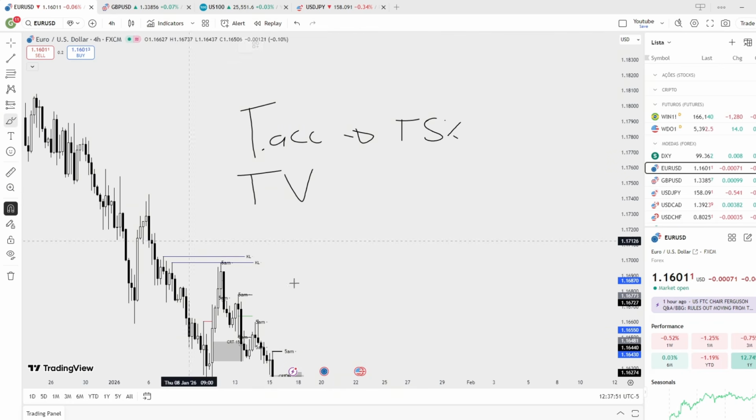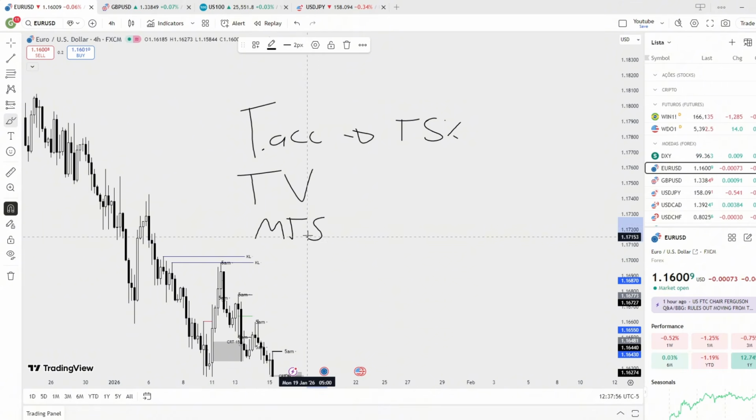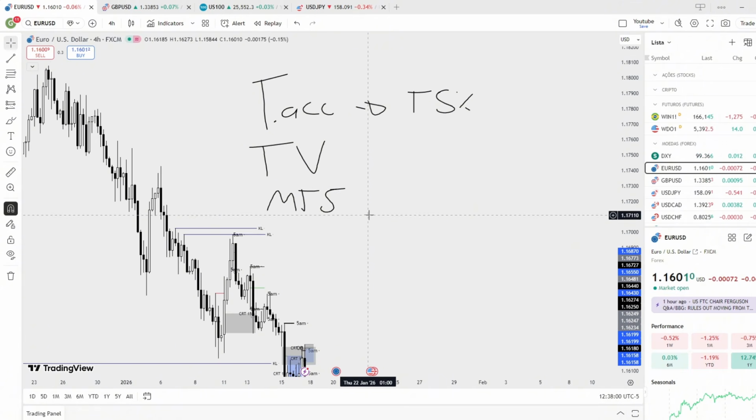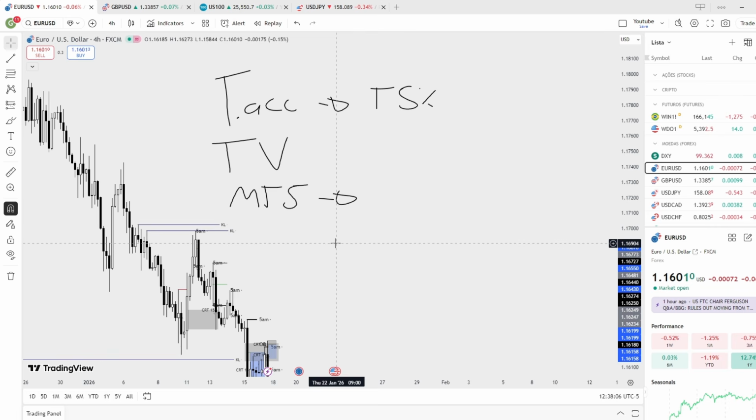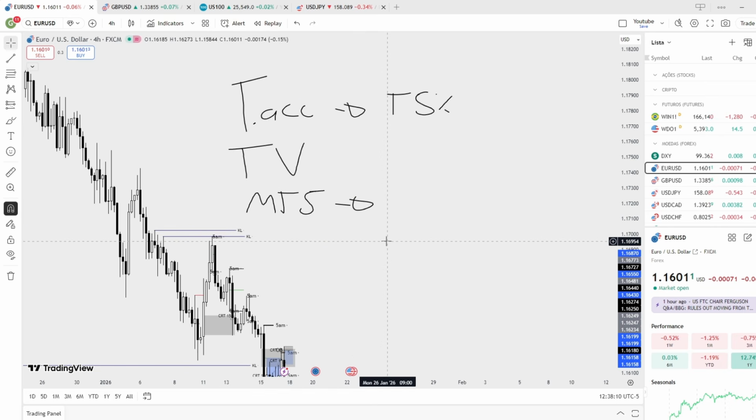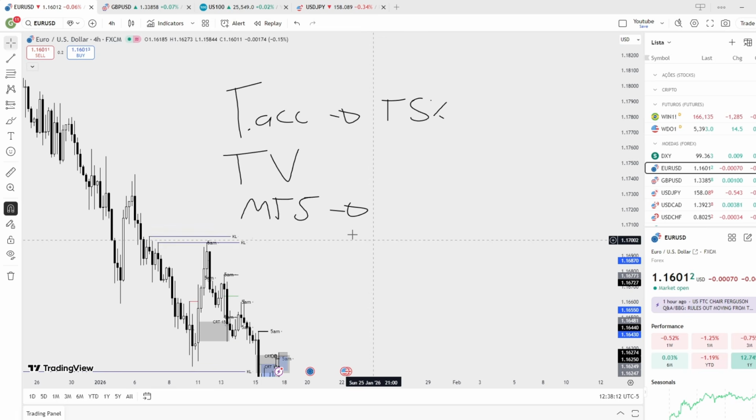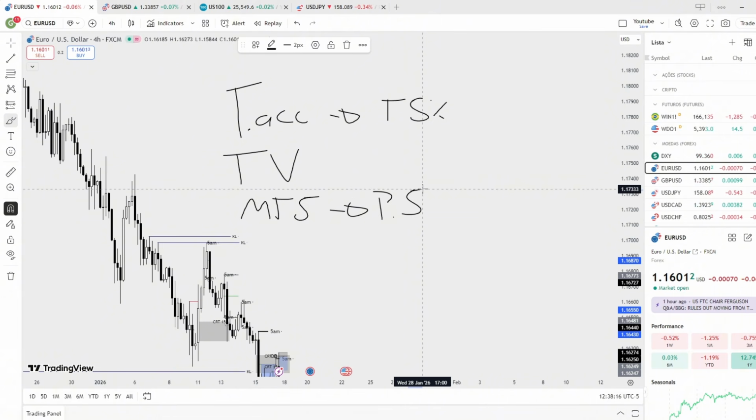The third thing is MetaTrader 5. A lot of people don't like MetaTrader 5, but I personally do, because this platform is phenomenal. We don't have any problems with this platform, any bugs or something like this. And you can use the position sizer, which is very, very important for us.